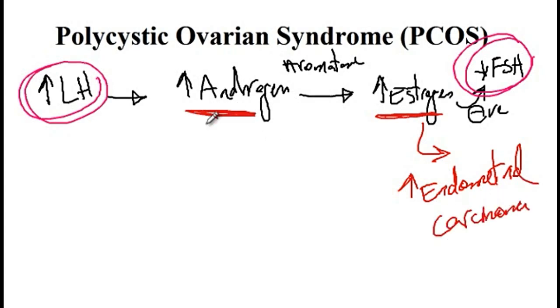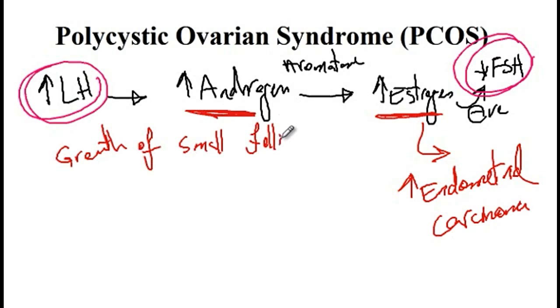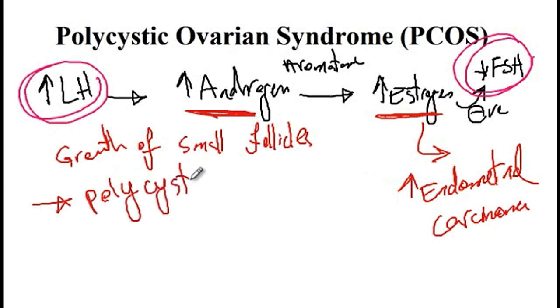And then increased androgen production can cause growth of small follicles that are arrested during the developmental stage. So it will form polycystic ovaries, and that is the reason this disorder is referred to as polycystic ovarian syndrome.